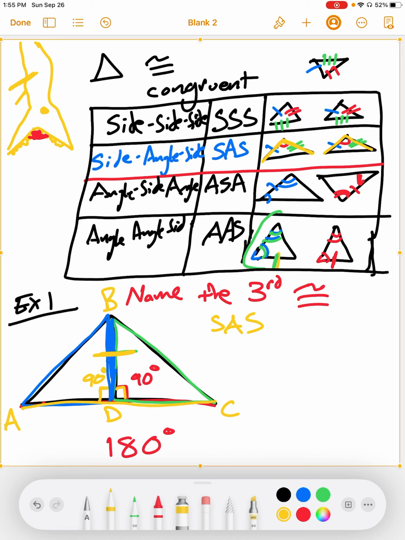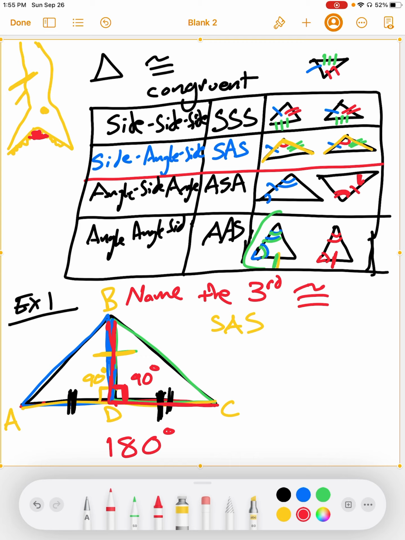So to get side angle side, we're going to need this bottom side to be equal. Because side angle side, it's like an alligator. We have the jaws, and in the middle has to be our angle.